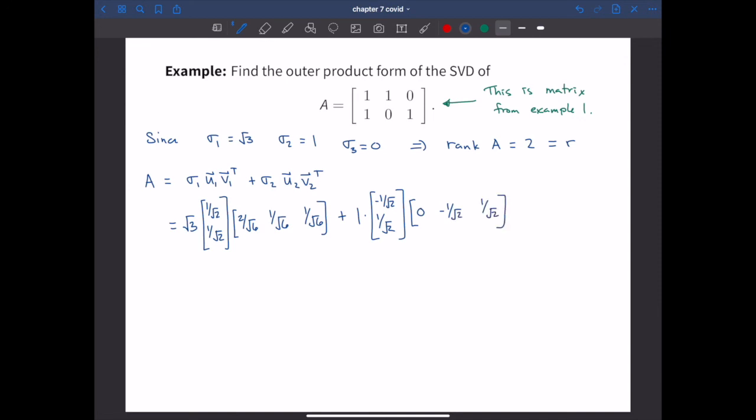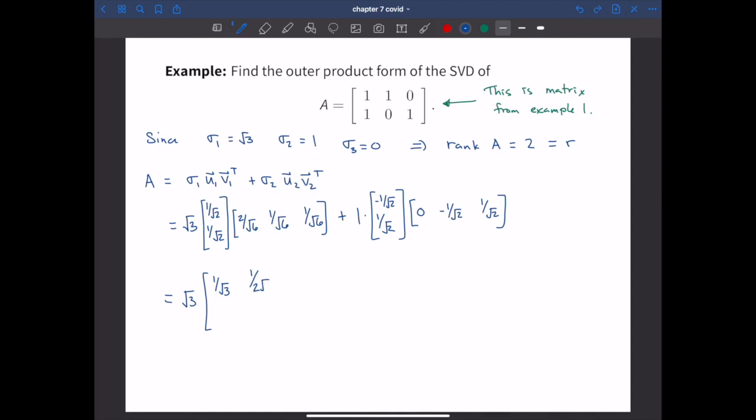Okay, so when I multiply these vectors in these matrices, I'm going to keep the rad 3 on the outside. This is going to give me 1 over rad 3, 1 over 2 rad 3.